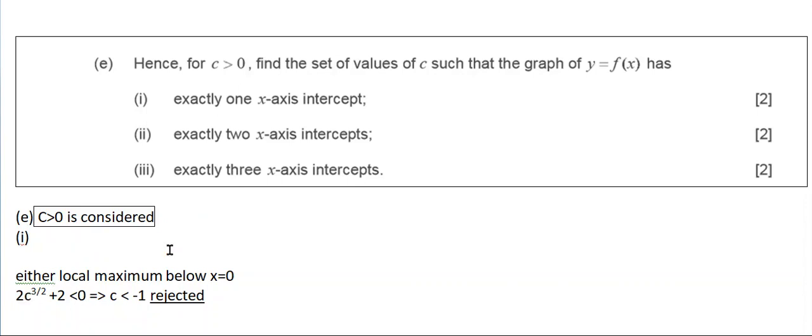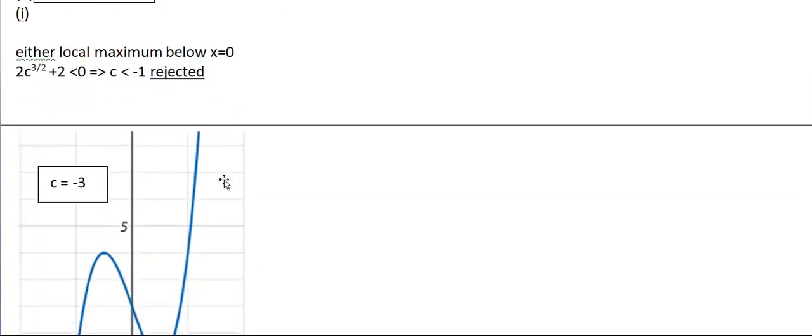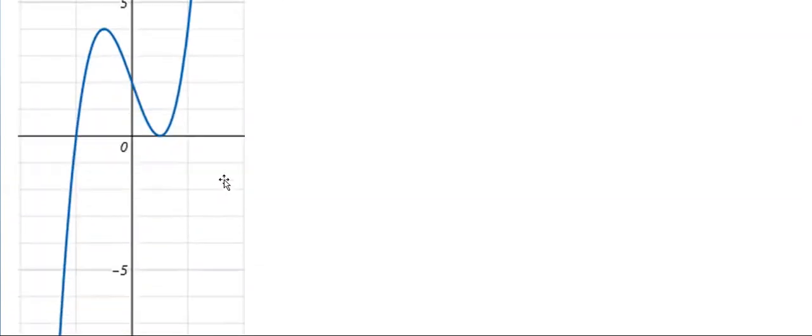First, exactly one x-intercept happens in the case when the local maximum is below 0, when c is less than -1, so this case is rejected.